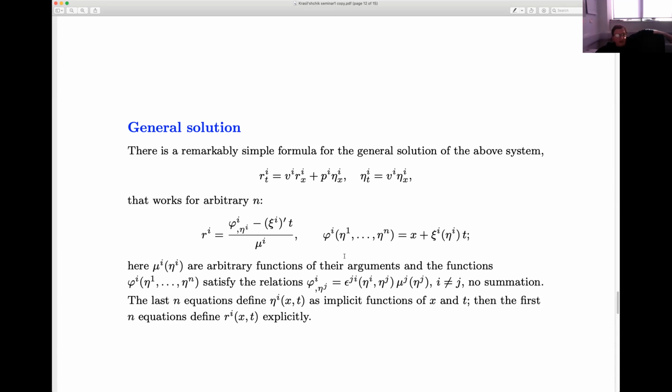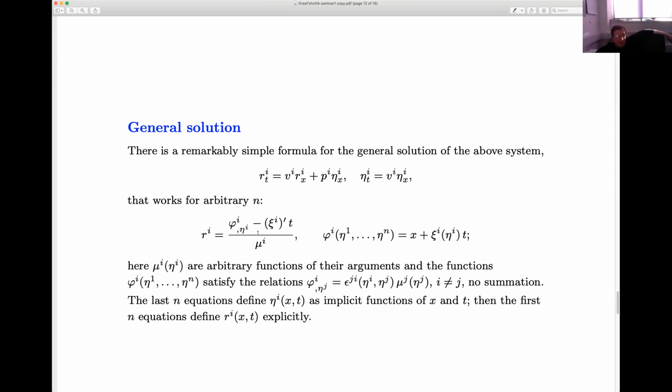Okay, and then let's look at these equations, the last set of equations. Now we know psi i's are soliton velocities, phi i's we know, and now we reconstruct etas as functions of x and t. These are implicit relations. There are n implicit relations for etas as functions of x and t, right? In principle, we can solve for etas, and then we can reconstruct R's by this explicit formula.